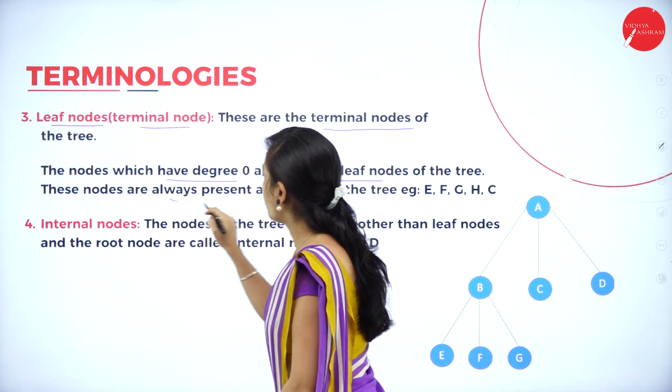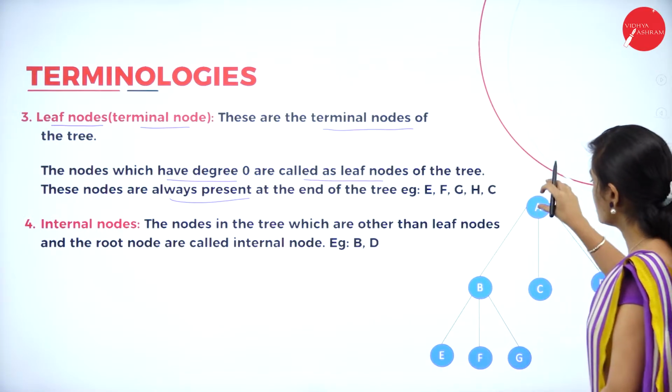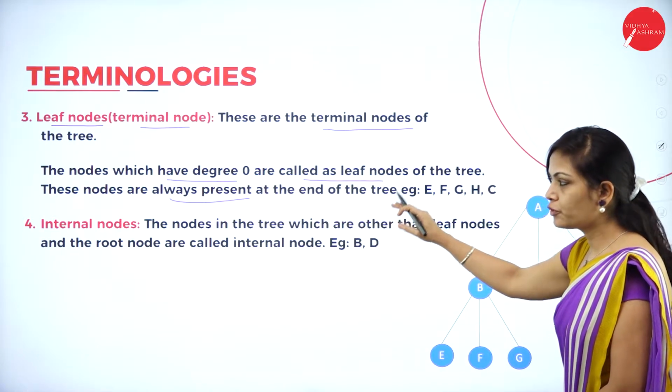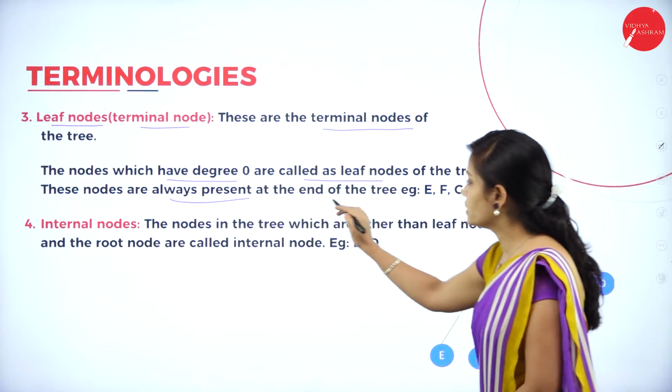These nodes are always present at the end of the tree. Clear? This is the beginning of the tree, that is the root node, and these leaf nodes are always present at the end of the tree.